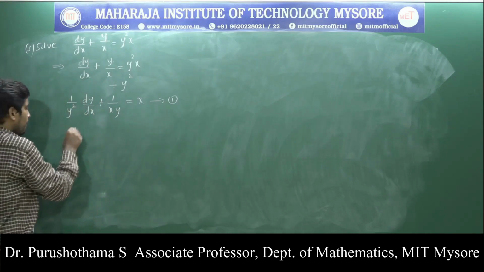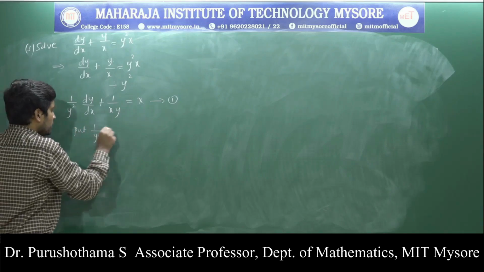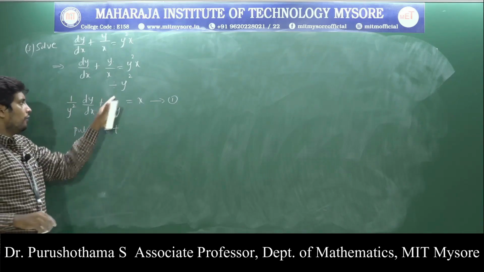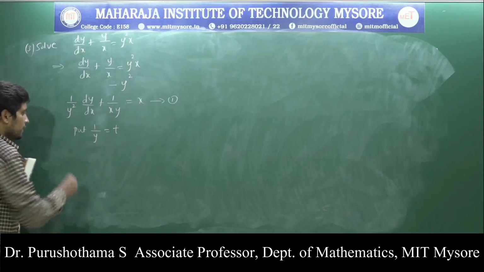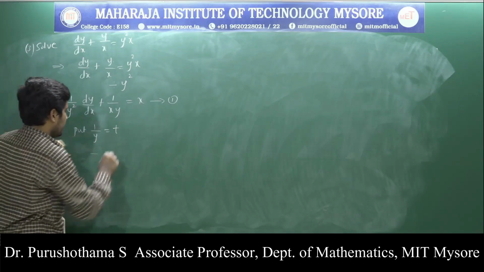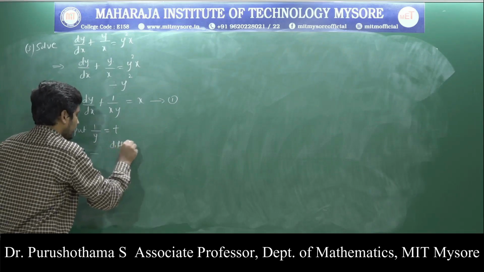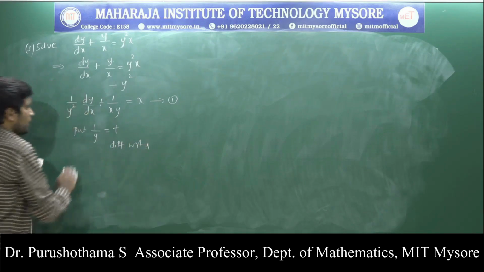In the next line, put 1 by y is equal to t. The coefficient of 1 by x is 1 by y, so put that particular term equal to t. Now differentiate with respect to x.